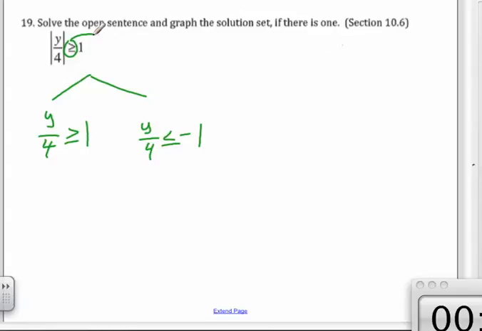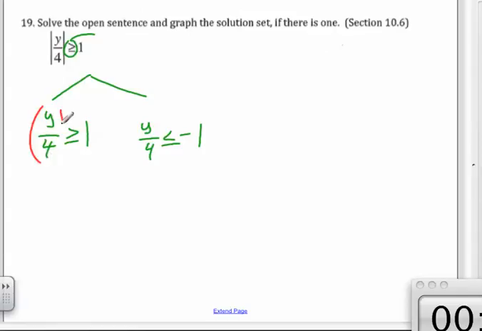That means the distance away from 0 has to be more than 1. So if you think about 0 being here in the middle, I've got to get the stuff out here and out there, things that are farther away. So it's going to be a disjunction. Now that's not my graph of the solution set. That's just saying that the distance has got to be bigger than 1. All right, so let's go ahead and solve this now.